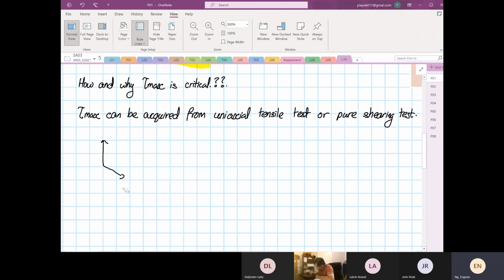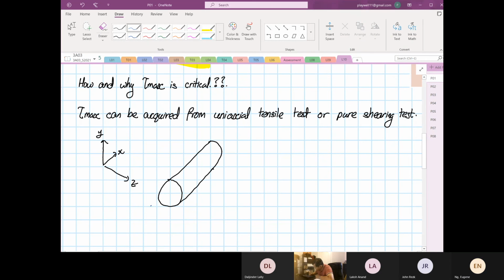This is my X, this is my Y, and this is my Z. Now we have a shaft, and this shaft that I've just drawn is under a uniaxial tensile test.